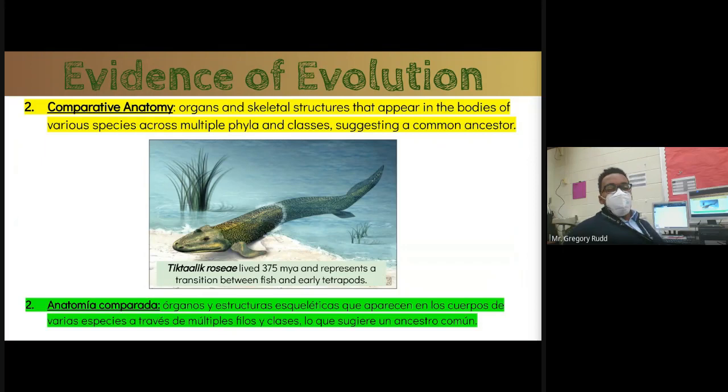The second source of evidence for evolution is called comparative anatomy.